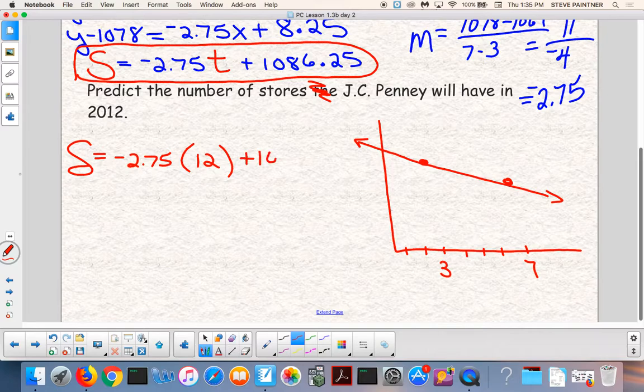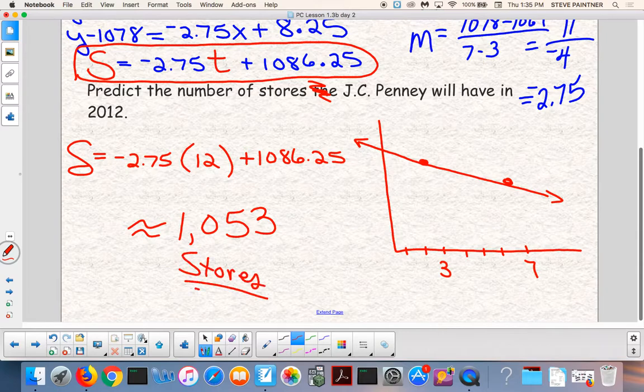I'm sure by now you have it. What is it? Roughly what? 1,053 stores. Okay. In the year 2012, there'll be roughly 1,053 stores.